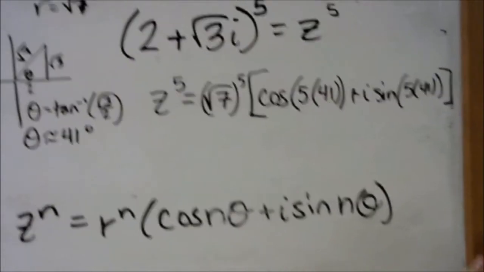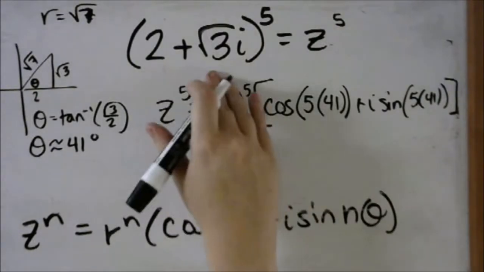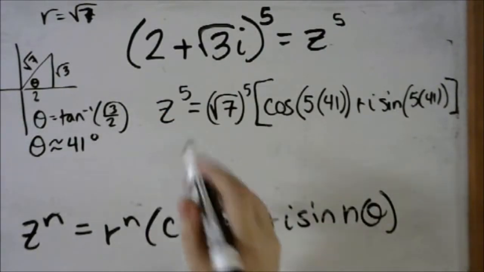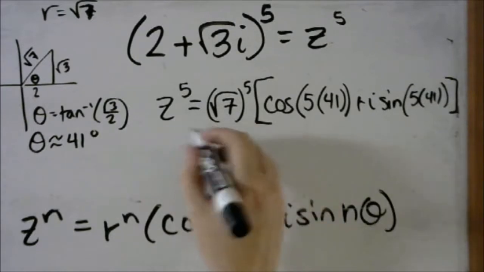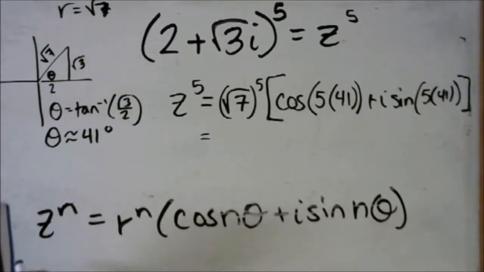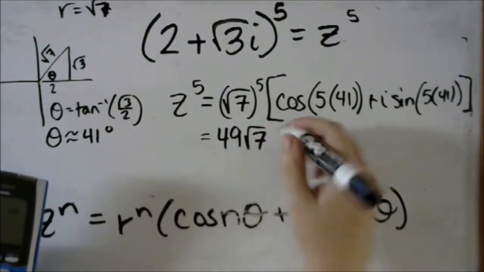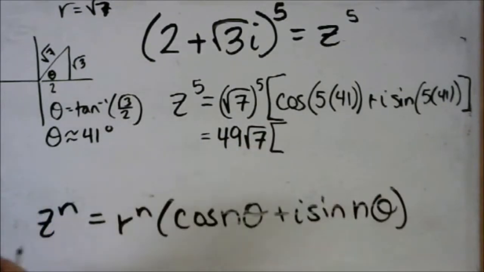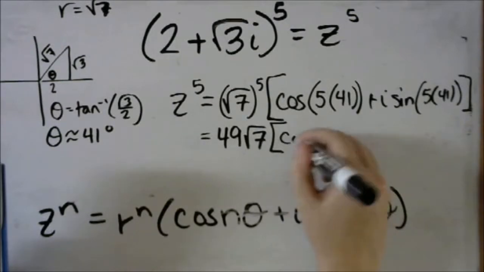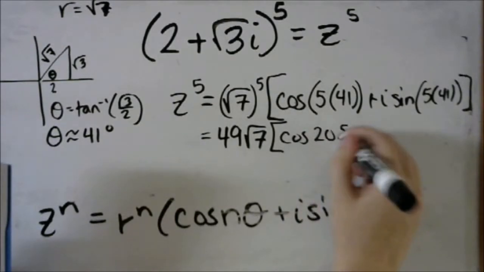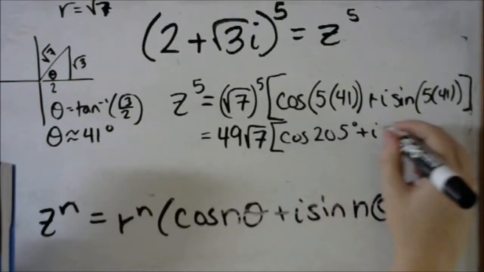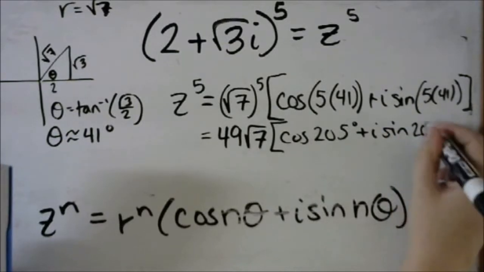We're going to simplify, and we are going to leave our answer in standard form since the question was presented in standard form. This gives me 49 rad 7 times cosine of 205 degrees plus i sine of 205 degrees.